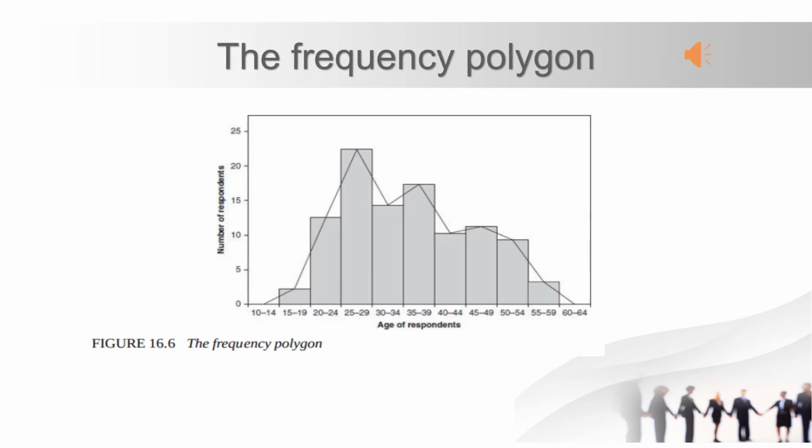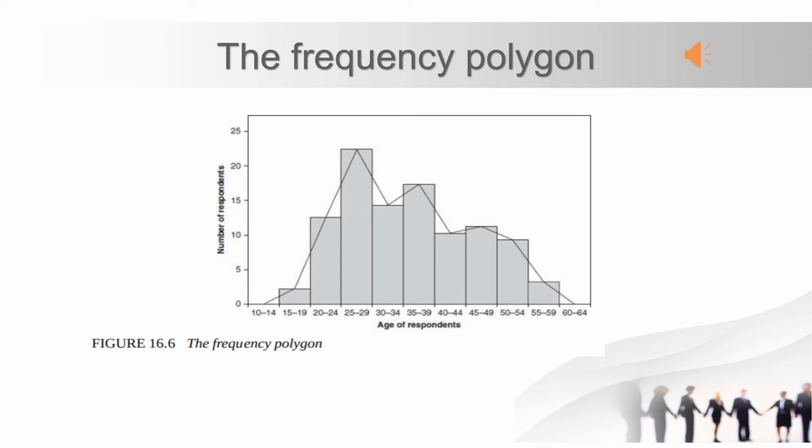So let's proceed to the frequency polygon. This frequency polygon is also very much the same as the histogram. It consists of frequency rectangles drawn next to each other, but the values taken to draw the rectangles are the midpoints of the values.